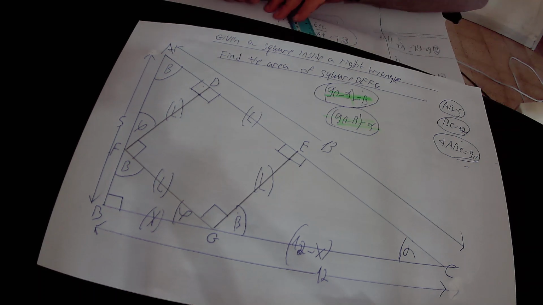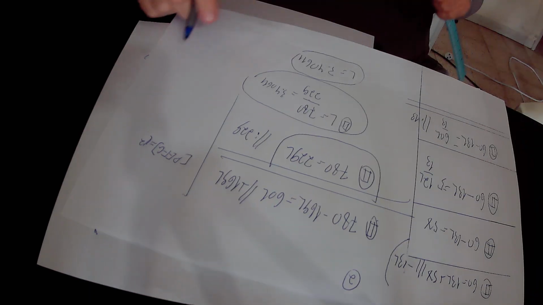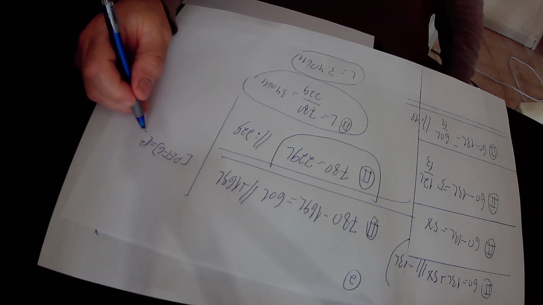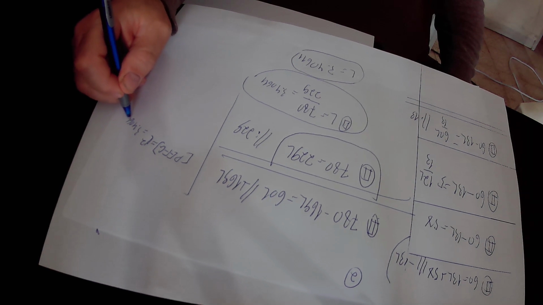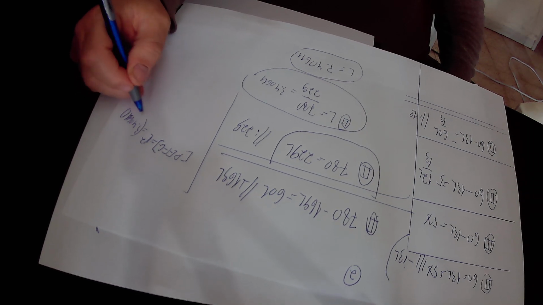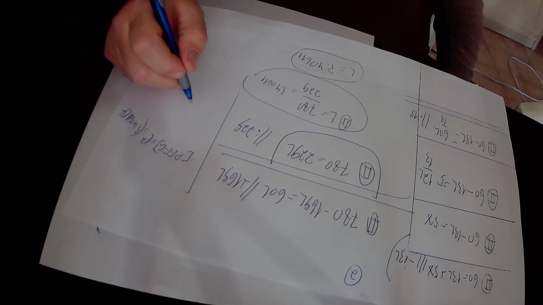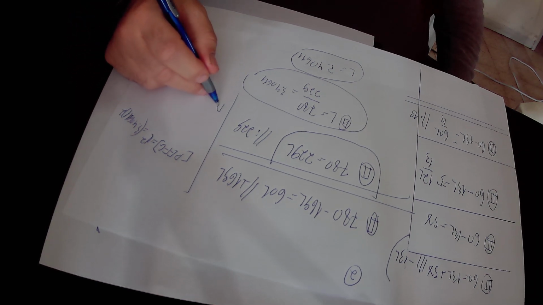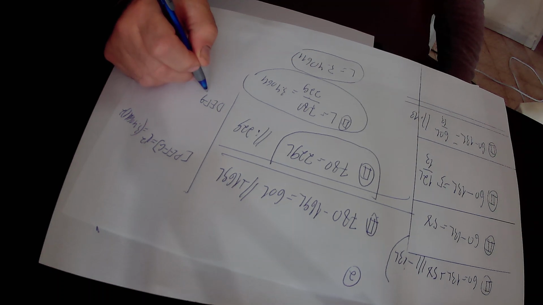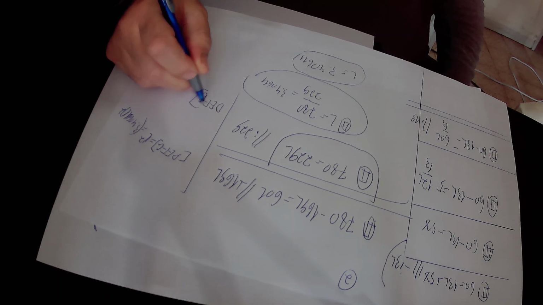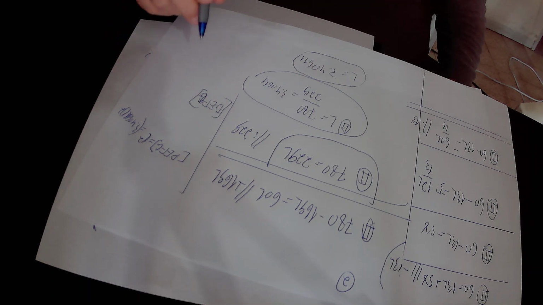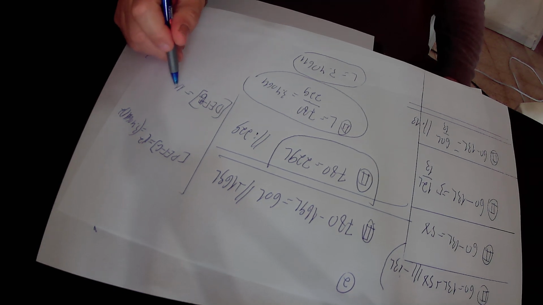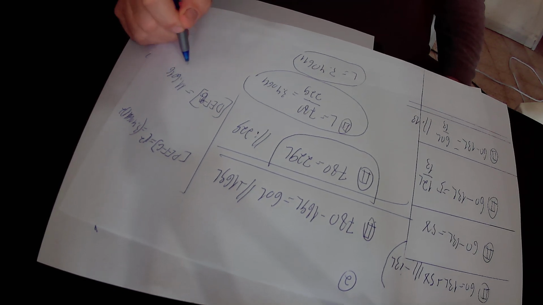So the area of square DEFG equals L squared, and L is 3.40611, therefore L squared is 3.40611 squared. So in total, the area of square DEFG is equal to 3.40611 squared. That is actually equal to 11.6016 square units.